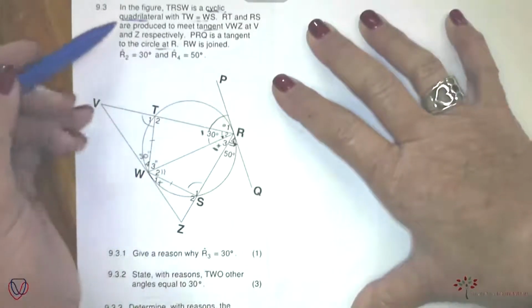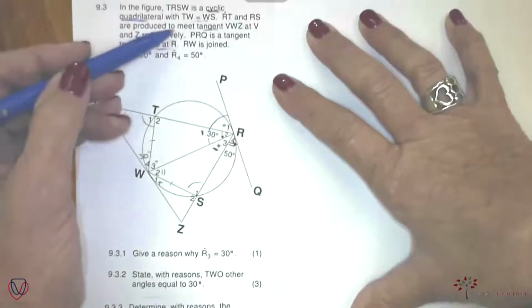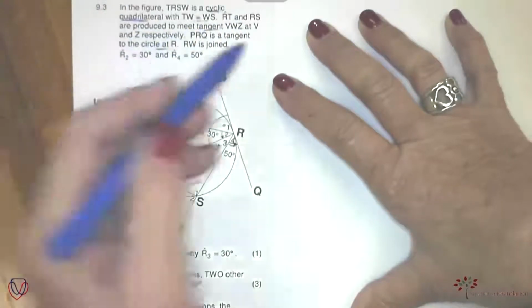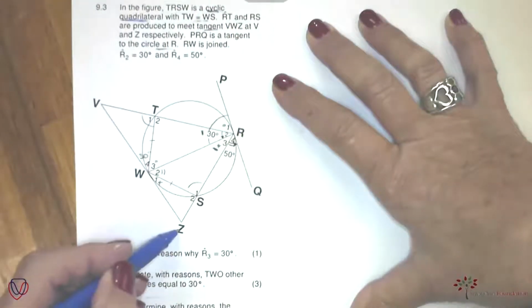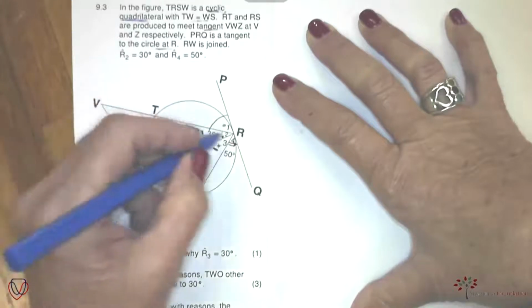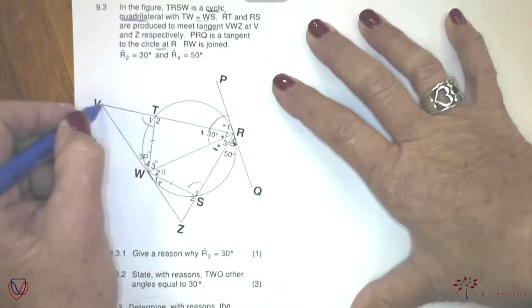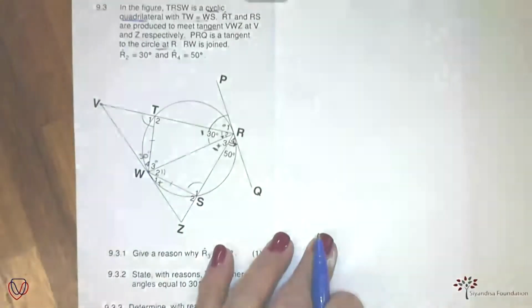Then they said, TW, okay, we worked with that. RT and RS are produced to meet the tangent at VWZ. This is a tangent at the point where these two are lengthened to meet at V. But the tangent touches at W.